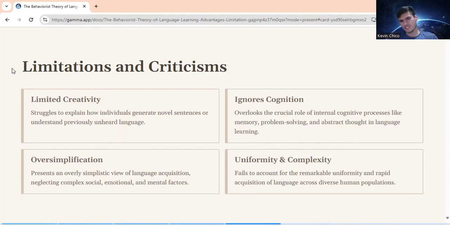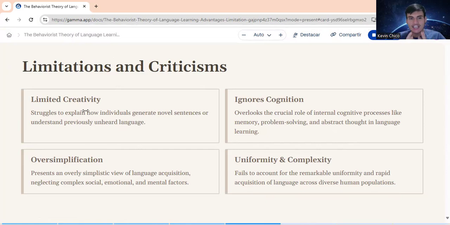What are the limitations and criticisms? Limited creativity, neglected cognition, oversimplification, and uniformity and complexity. Limited creativity: why? Because it struggles to explain how an individual generates novel sentences or understands previously unheard ones. In its conditioning, it overlooks the crucial role of internal cognitive processes like memory, problem solving, and abstract thought in language learning.